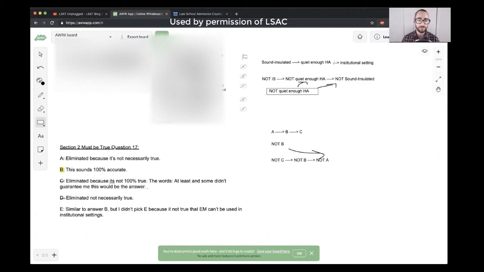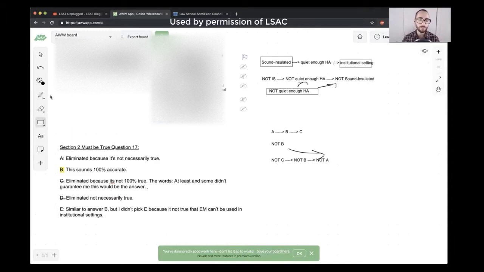A, eliminate because it's not necessarily true. Let's look at A. If a motor can be used in institutional settings, then it is sound insulated. How does that relate to our diagram here? We have, of course, institutional setting. We have sound insulated, but A has them in the wrong order. It's a mistaken reversal.